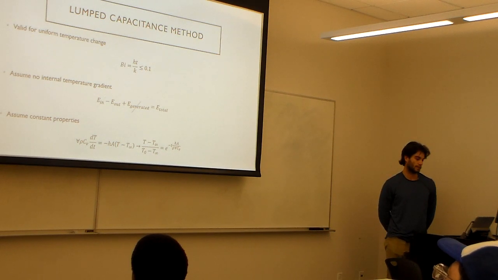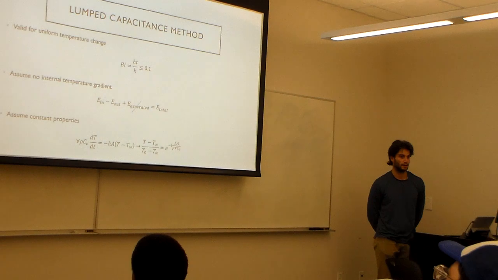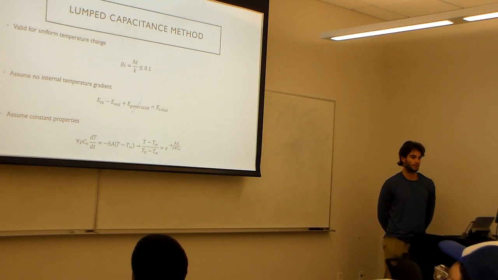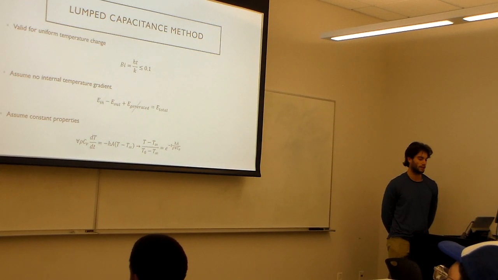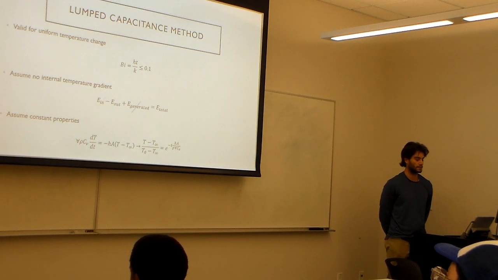And we can normalize the temperature to make it the instantaneous temperature minus the surrounding temperature, divided by the initial temperature minus the surrounding temperature, equal to the exponential of the negative time times the heat transfer coefficient times area, divided by the density times volume times the specific heat.